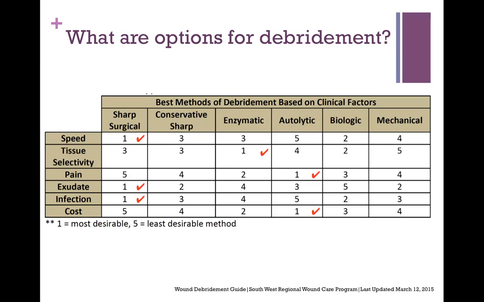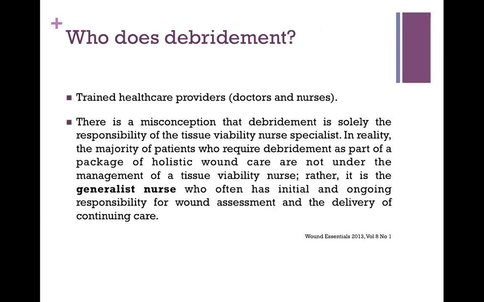Although when tissue selectivity is the priority, then enzymatic debridement is considered better. And when cost is the priority, then autolytic debridement is considered better. So in a given case, different types of debridement methods could be chosen.